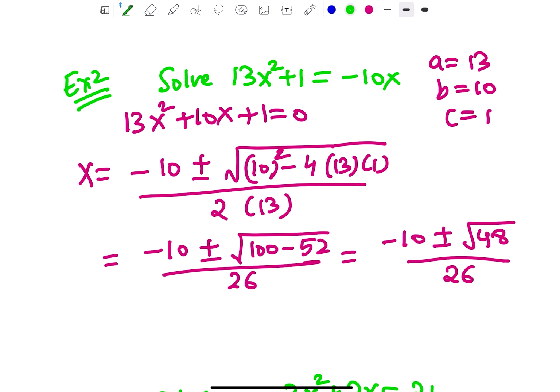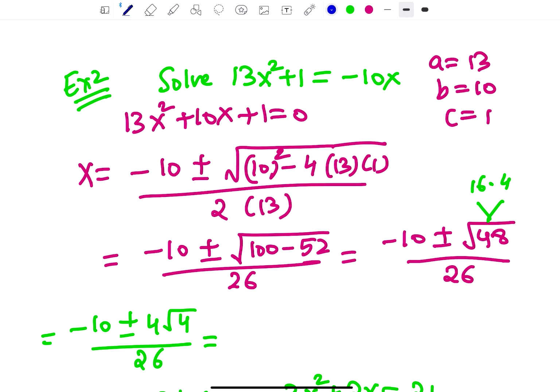Now we can simplify the square root of 48 because we can write it as 16 times 3, and the square root of 16 is 4, so we can pull a 4 out. So it turns out to be negative 10 plus or minus 4 root 3 divided by 26.